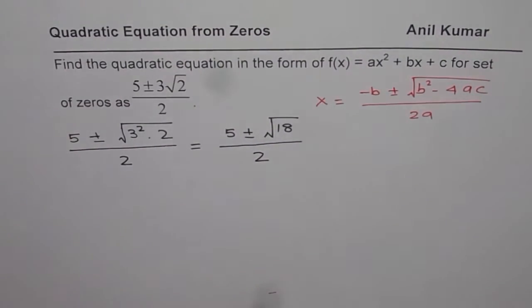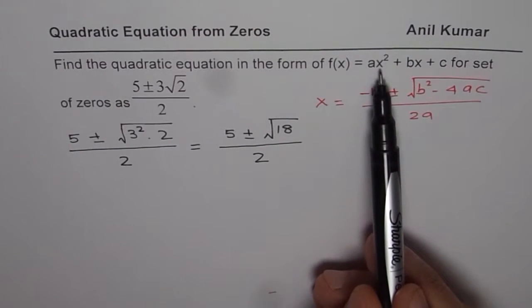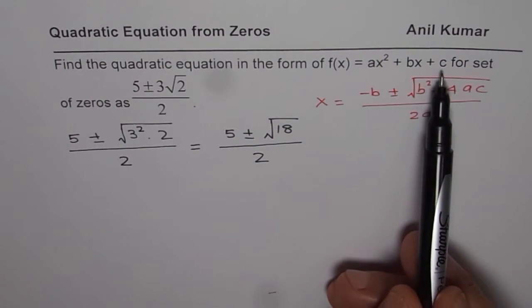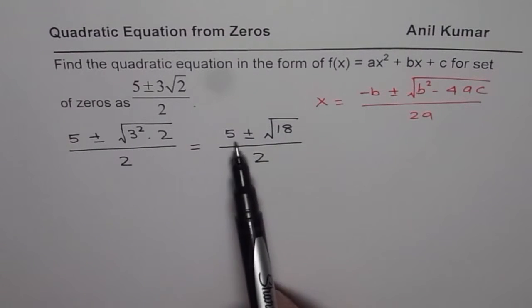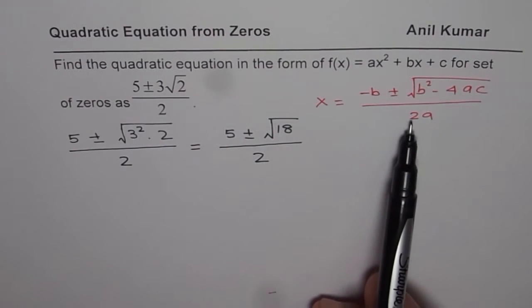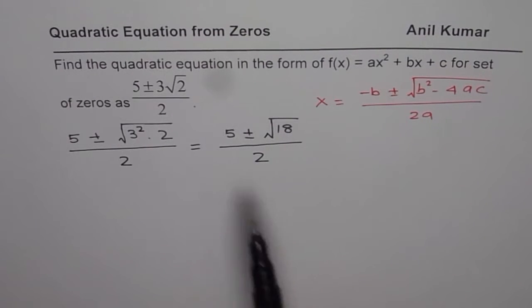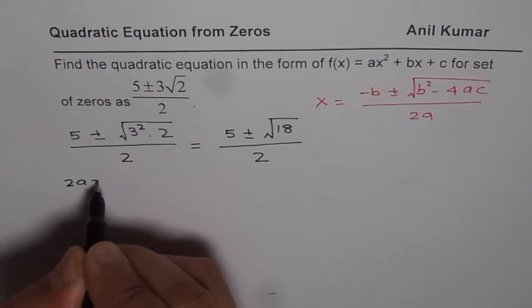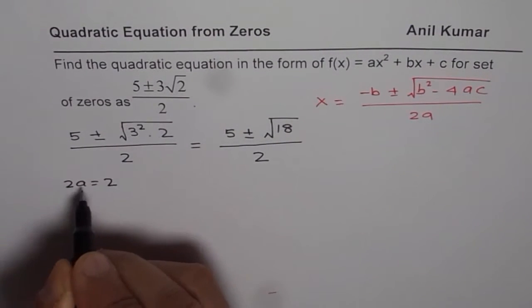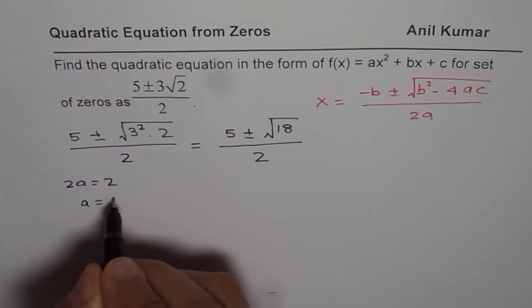Now let us compare the coefficients of x squared, x and the constant c with the given values in the root. So you'll find that 2a in the denominator should be equal to 2. So we can write from here that 2a equals 2, and that means a equals 1 for us.